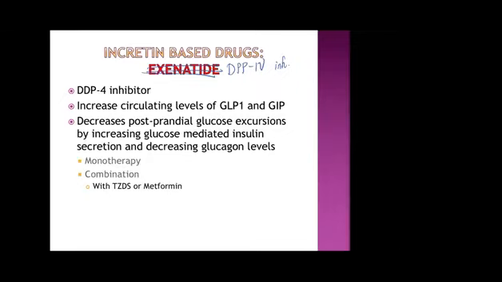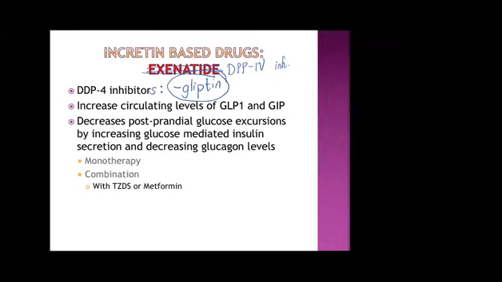Nabanggit ko kanina na ito yung mga gamot na nag-e-end sa gliptin. So no need to enumerate all. Basta nag-e-end sa gliptin, that's it. Sitagliptin, alogliptin, linagliptin, saxagliptin, yun yung mga examples. So tandaan nyo na lang gliptin.